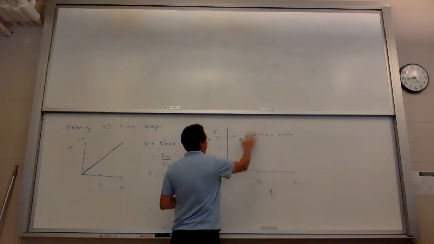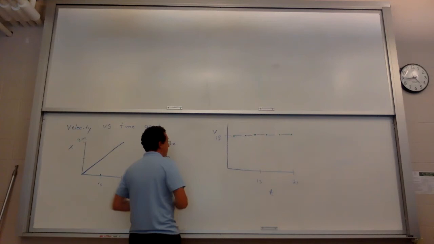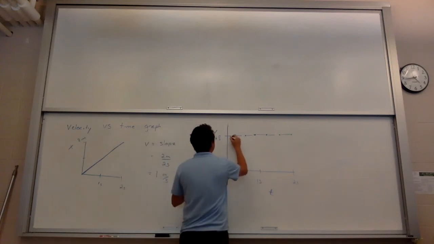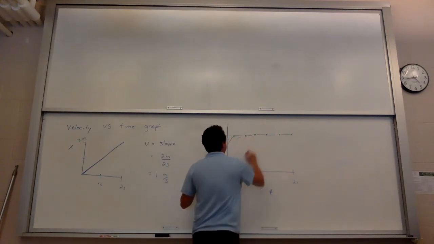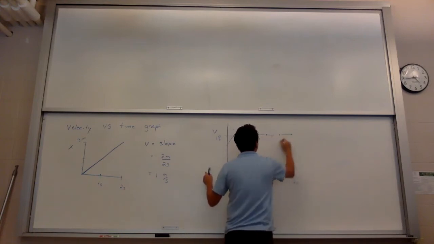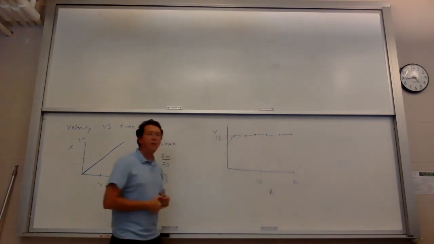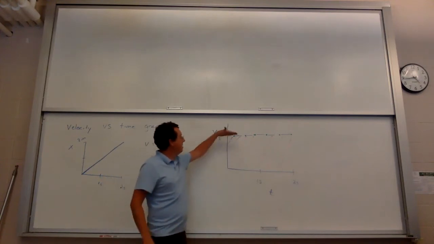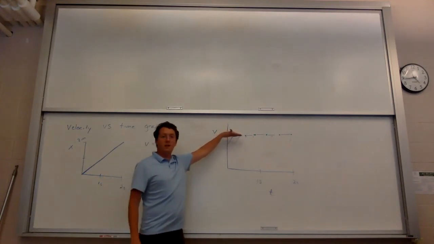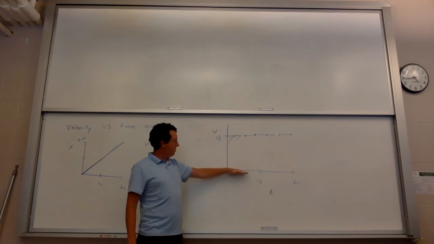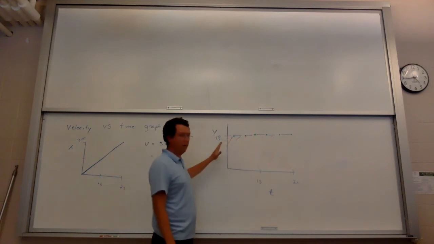Okay, so the area under this curve, if I shade that region in, might be an interesting thing to determine. And when I say area under the curve, I mean the area from the graph of velocity to the time axis.